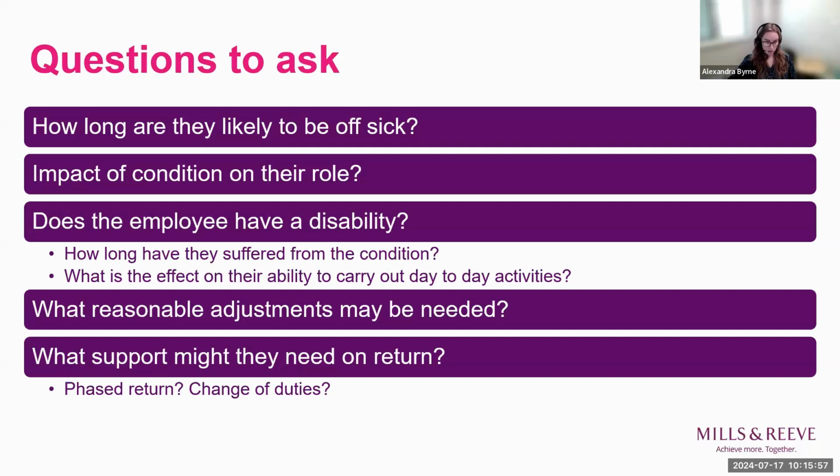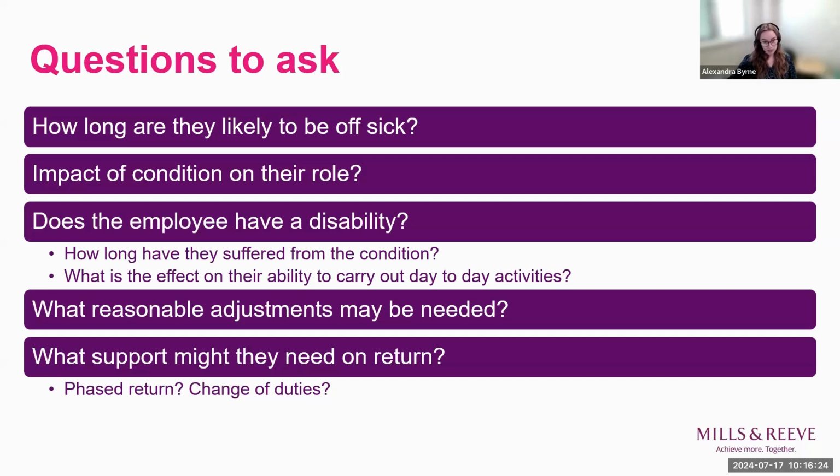You should then list the questions that you want to know the answers to. Typically, we see employers asking the question of whether somebody is disabled, and in this case, it's often best to split out questions by reference to the legal test for disability, and that's so that you can make the assessment yourself based on the information provided, rather than the medical professional just answering yes and you not knowing how they've reached that conclusion.